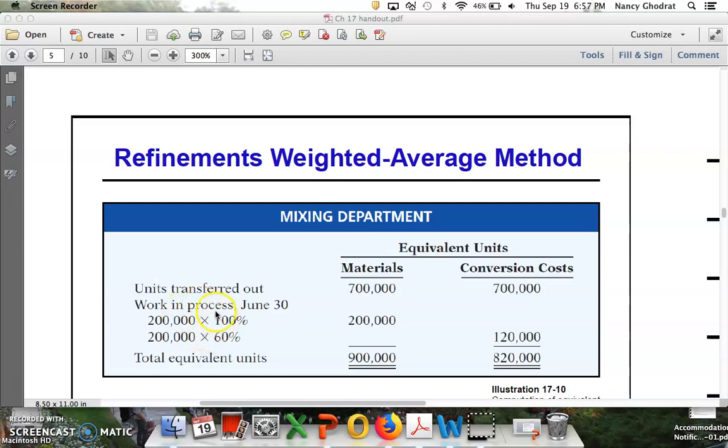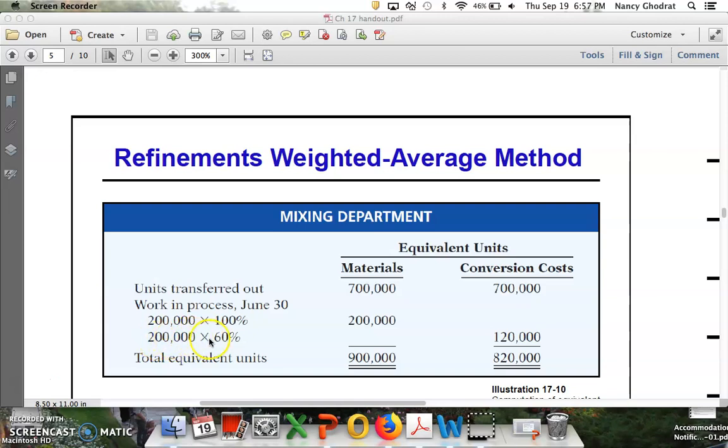And for the ending work in process, however, we're going to have two different equivalent units. The material is done, so there is no more oil or eggs or anything to be added to the waffle batter, but still we need to use the machinery to mix them.